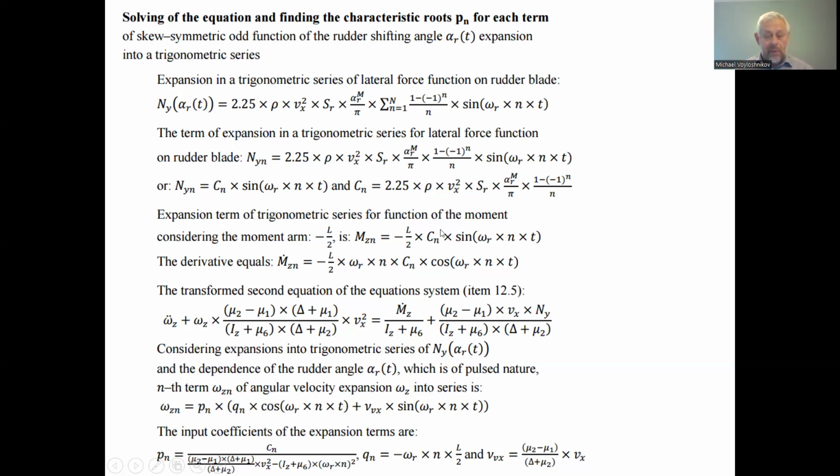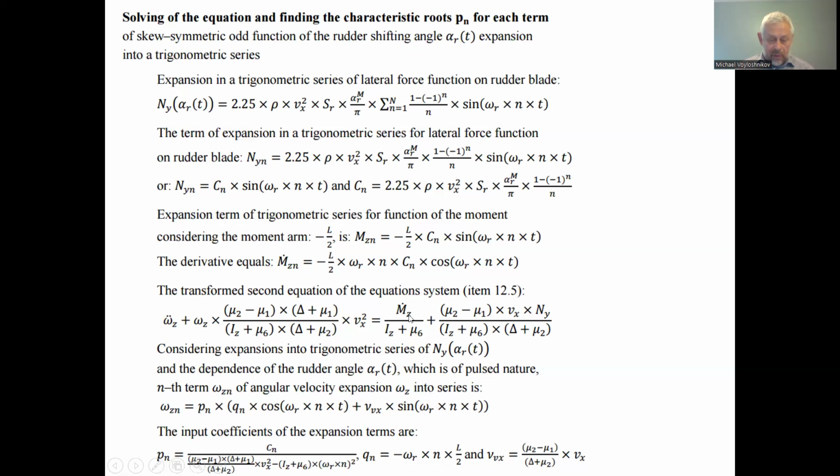We do this by the expansion of the rudder turn function into the trigonometric Fourier series, and the same for the expansion of the transverse force in the trigonometric Fourier series too.